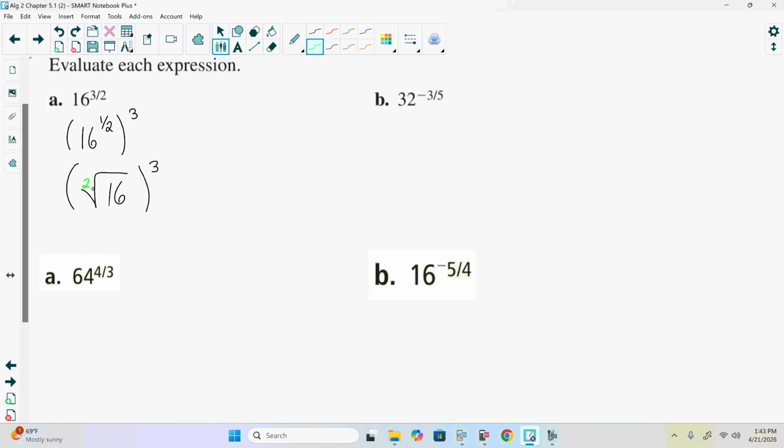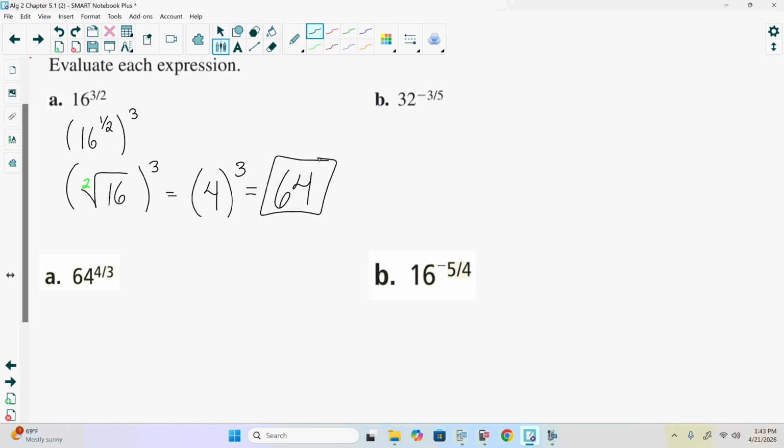But an index of 2 is understood as a square root. So rewriting it in this form tells us that we have the square root of 16, cubed. Well, the square root of 16 is 4. We know how to do that. And then 4 cubed is 64. 4 squared, 4 times 4 is 16. 16 times 4 gets us 64.